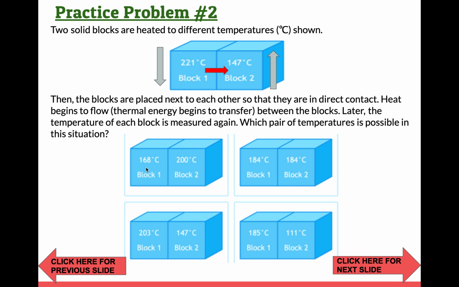So this answer choice cannot be correct, because how could block 2 go all the way up to 200 degrees while block 1 drops all the way to 168? That wouldn't happen. Thermal energy always goes from hot to cold, and then once it reaches the same temperature, it stops transferring. So the correct answer would be this one, because block 1 will lose thermal energy until block 2 gains enough thermal energy so that they are at the same temperature.